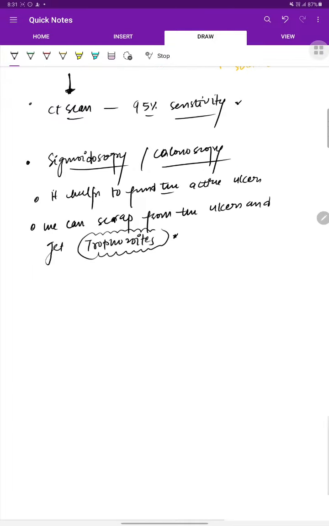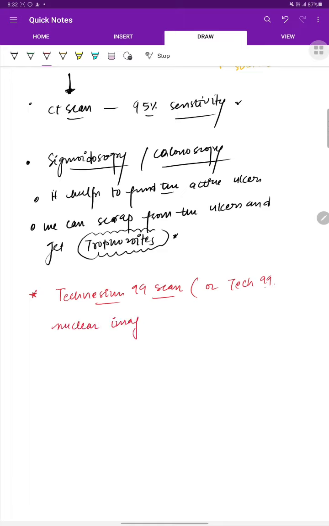Now, the next important thing, which is also a radiological diagnosis, is the technetium 99 scan, or we can say Tech 99 nuclear imaging liver scan.